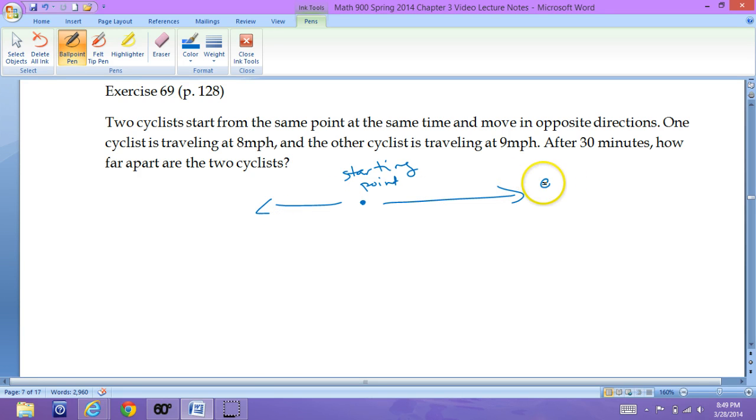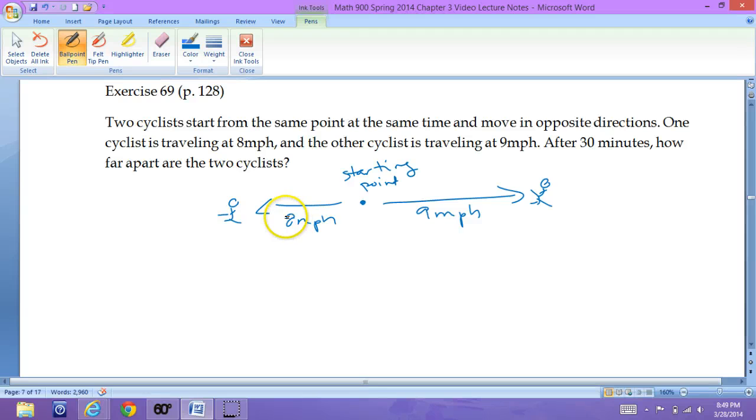One cyclist, and I don't draw, so I'm just going to put a person there, is traveling at 8 miles an hour. And I'm going to do the 8 miles an hour over here. And the other one is traveling at 9 miles per hour.